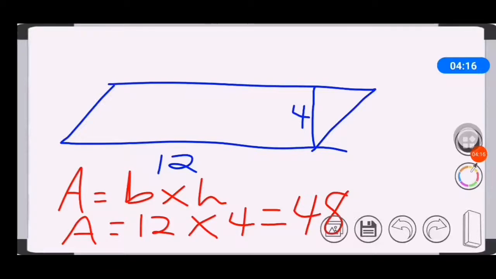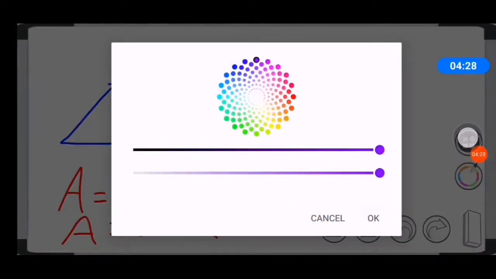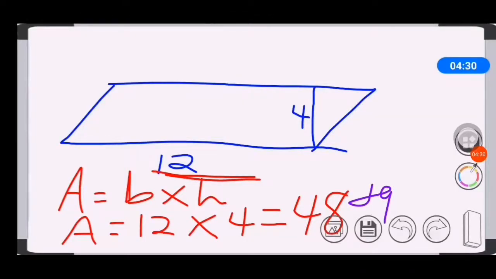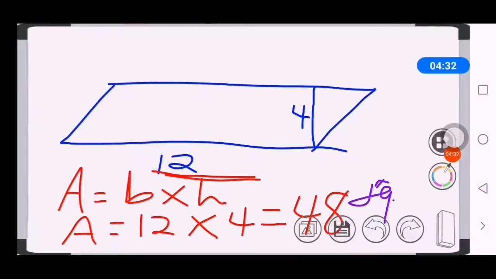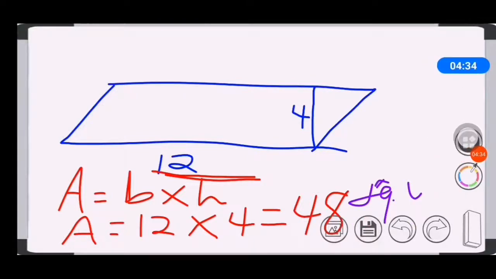Remember, whenever you are given the dimensions without any unit, and you're finding the area, your answer should be in squared units. So you write sq units, and the answer is 48 squared units.